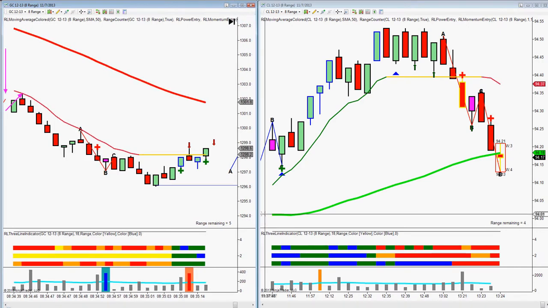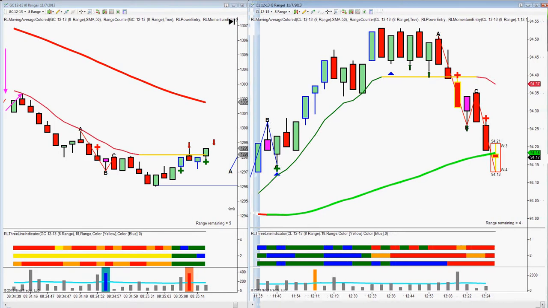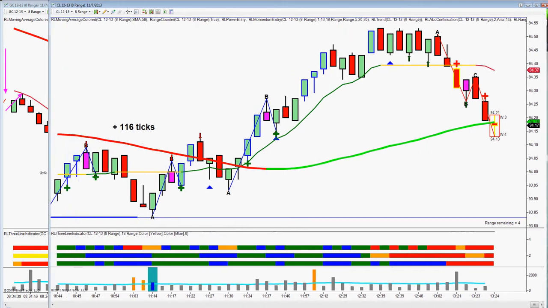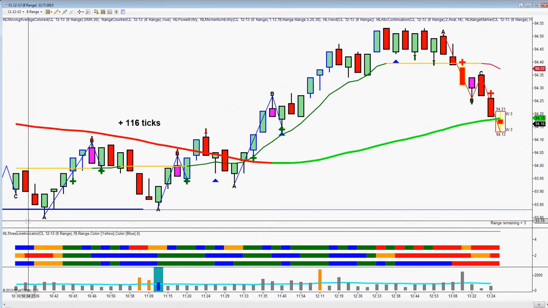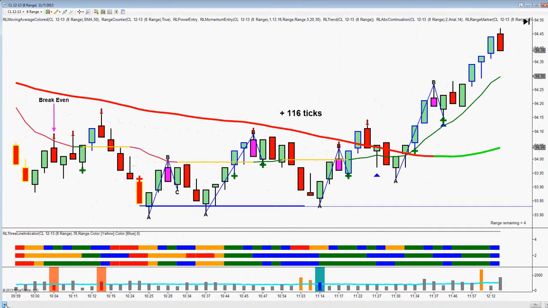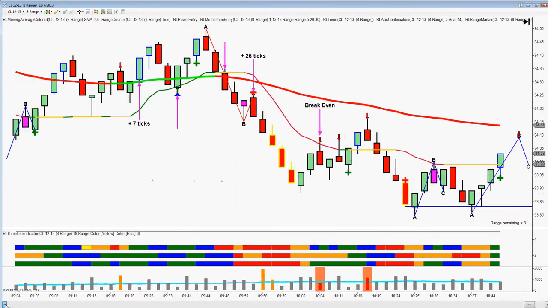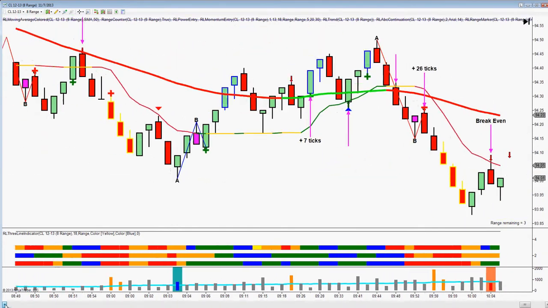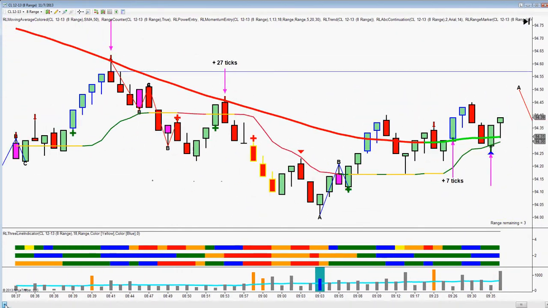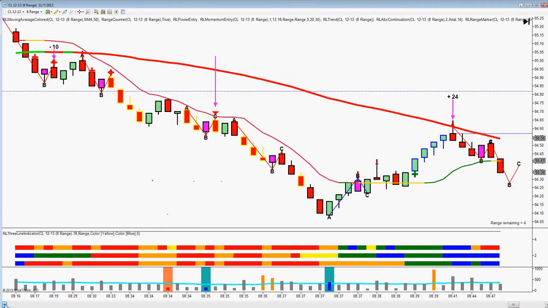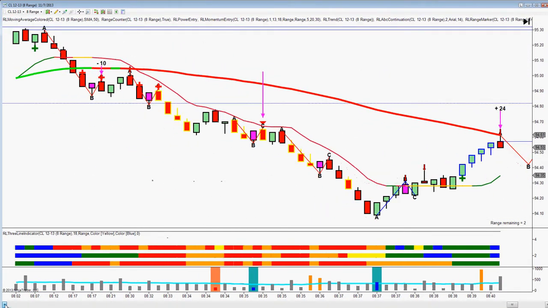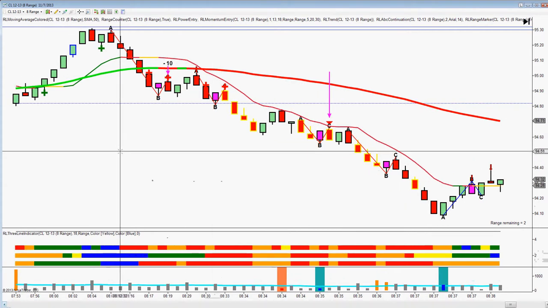Let's go to crude oil. Crude oil was just a wonderful market to trade today. It can be challenging, but we'll start right here.